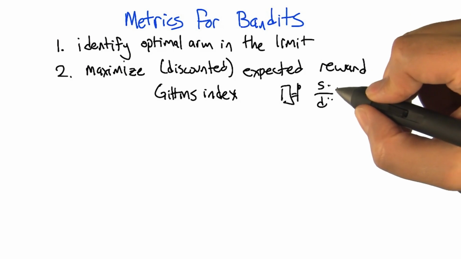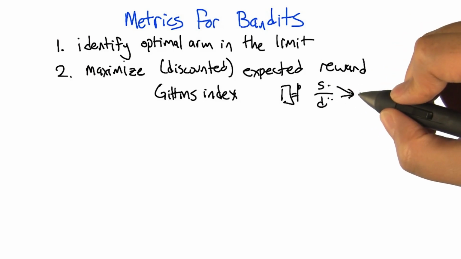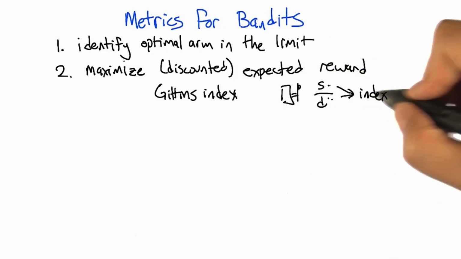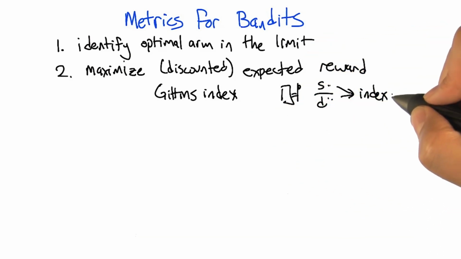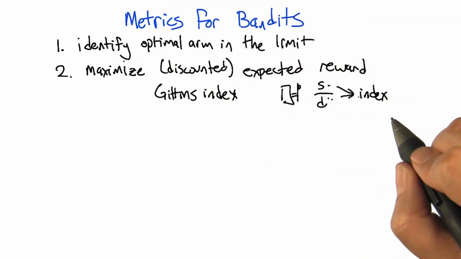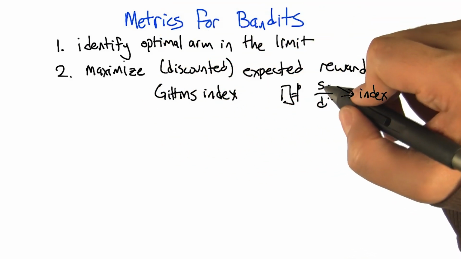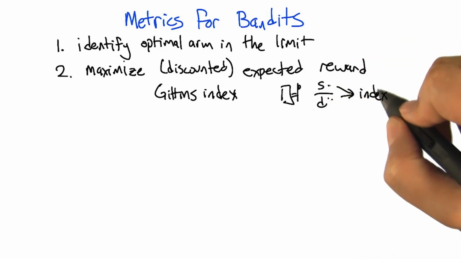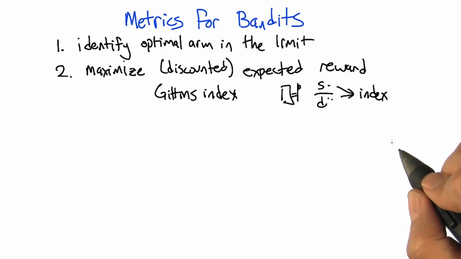These two numbers can be mapped to a value called the index, such that if you do that for all the arms, compute all their indices, and always take the maximum one, you actually maximize discounted expected reward. So it's this really clever mapping from the number of successes and the number of pulls to a number such that always greedily choosing with respect to that number is optimal.